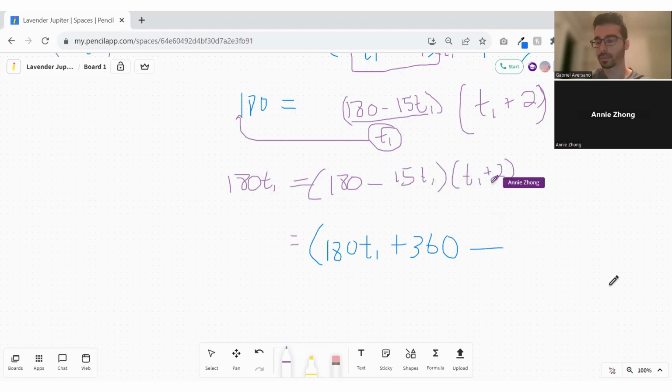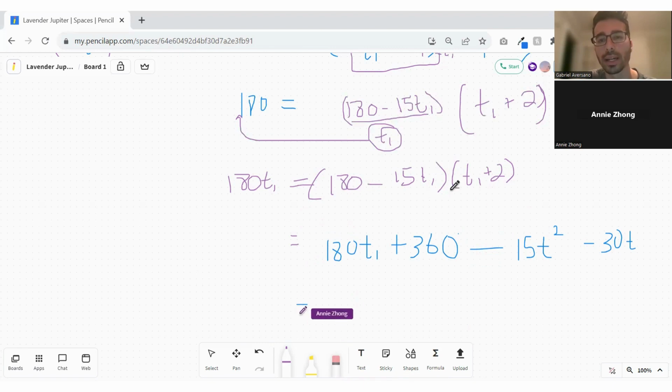Minus 15t1 times t1 gives 15t1 squared, and then I have 2 times 15t1, which gives me 30t1. Awesome. You can get rid of the brackets when you foil.